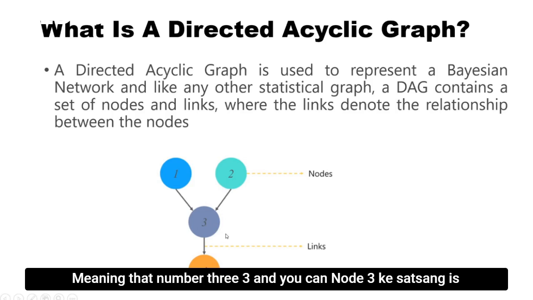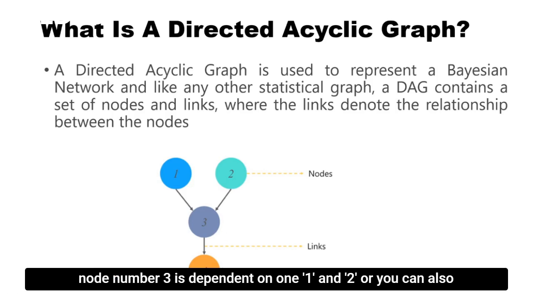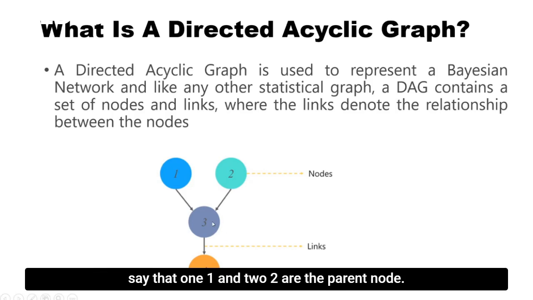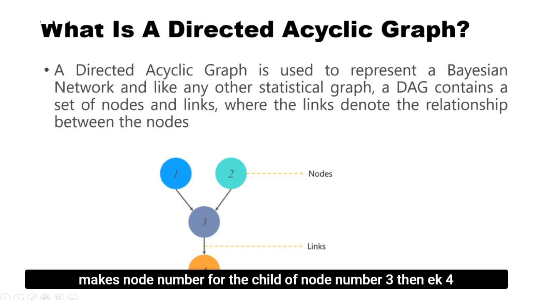That is, we can say that node number 3 is dependent on 1 and 2, or you can also say that 1 and 2 are the parent nodes of node number 3. Similarly, you can see here that node number 4 is dependent on node number 3, which makes node number 4 the child of node number 3.